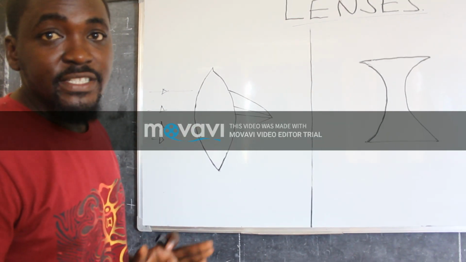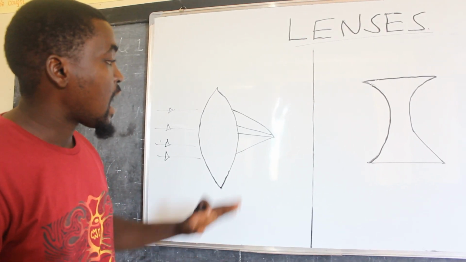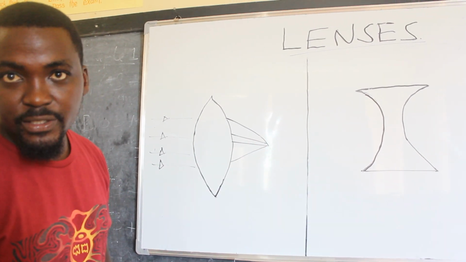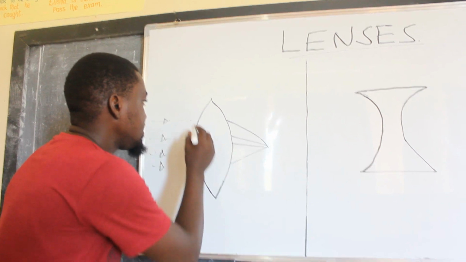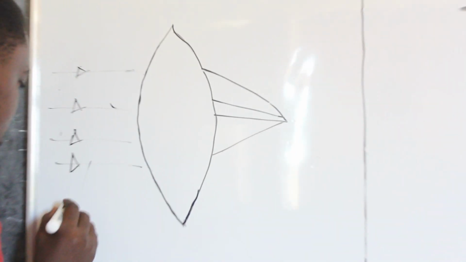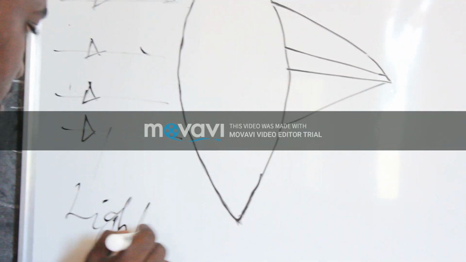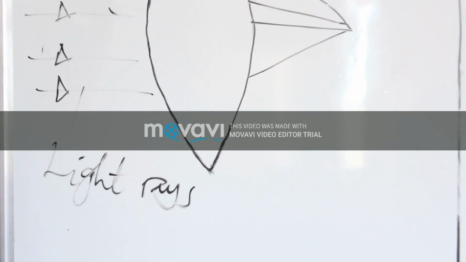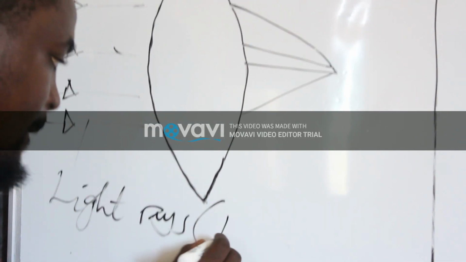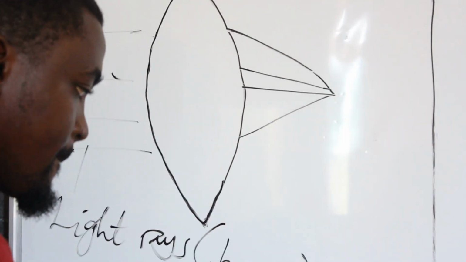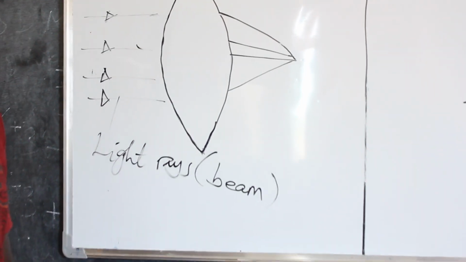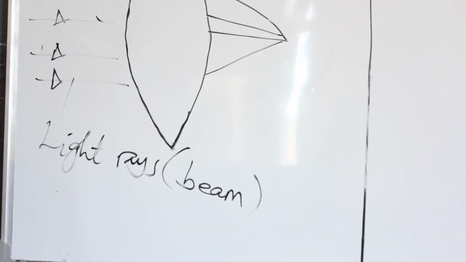When the light rays strike on the convex lens, they are collected together and meet on one point. As you can see here, these were the light rays. The combination of light rays is called a beam. So a beam is the collection of more than one light ray.